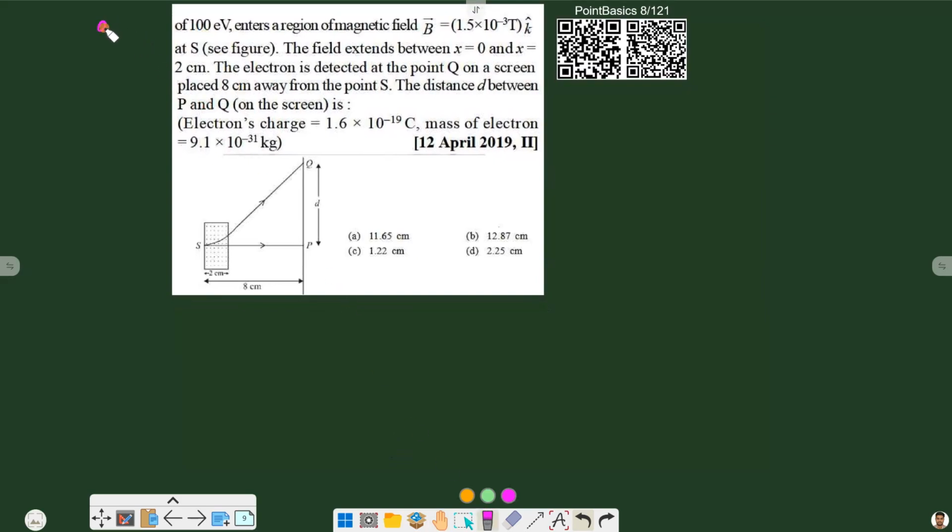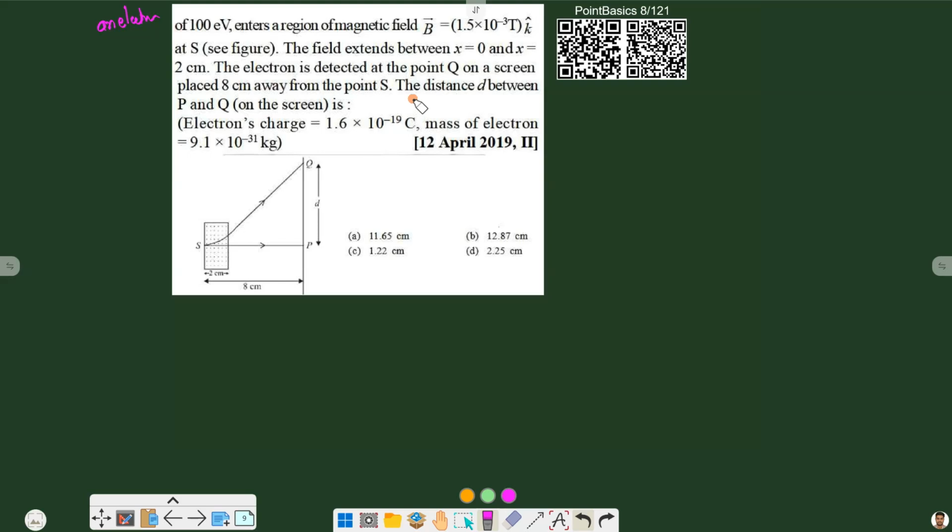An electron of 100 electron volt energy enters a region of magnetic field B, that is given by this value in the figure. The field extends between x equal to 0 to x equal to 2 centimeters. So the field is acting between 0 to 2. The electron is detected at a point Q on the screen placed 8 centimeter from the point S.